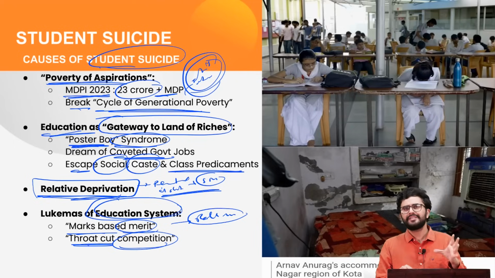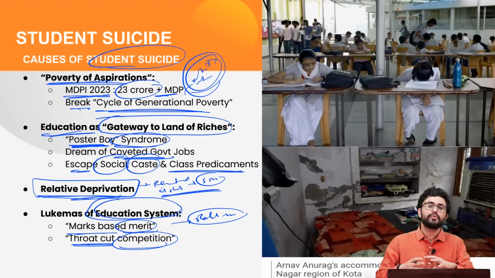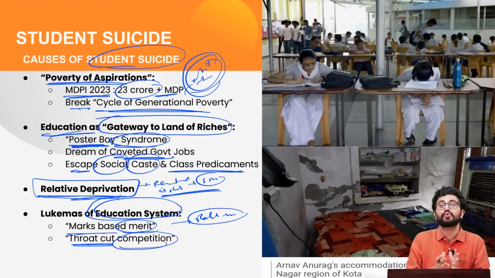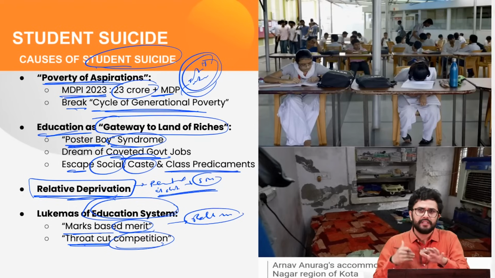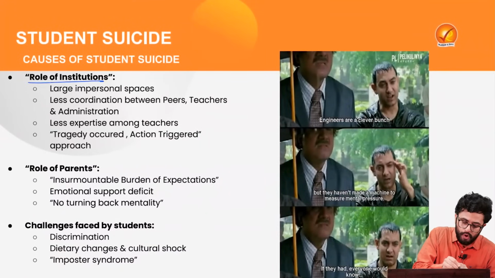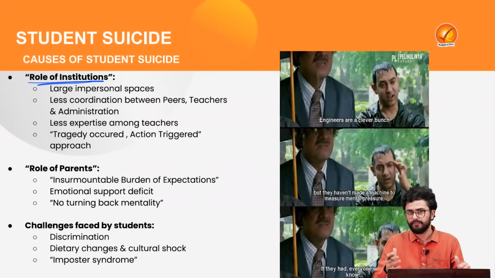Thus, this constant pressure which has been induced in the student's mind eventually starts translating into social apathy and social anxiety, which is obviously further aggravated because of the role of institutions.